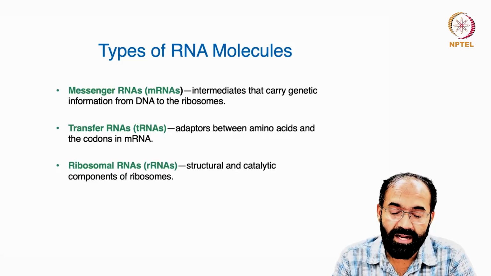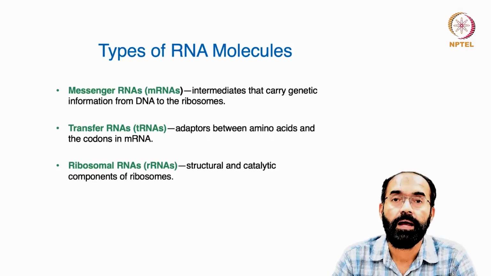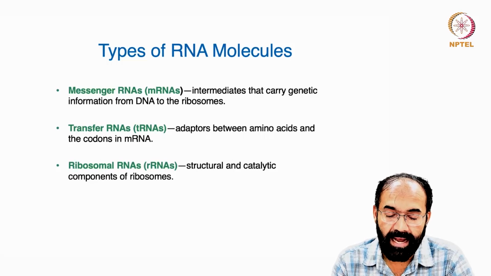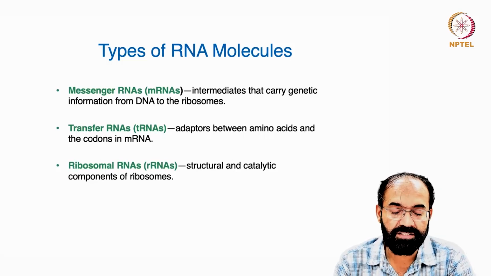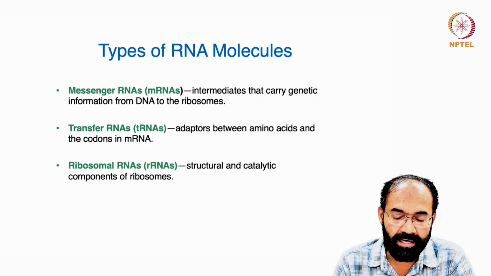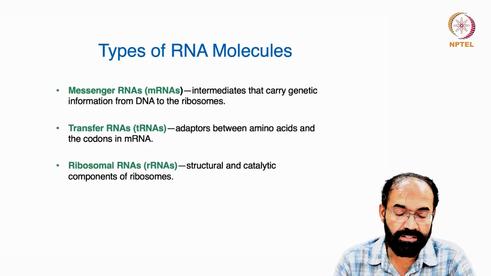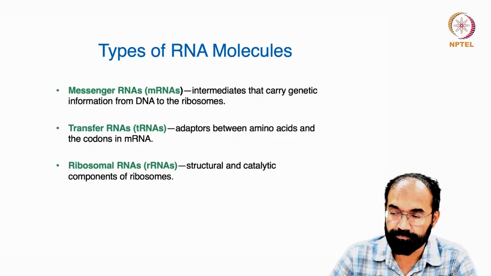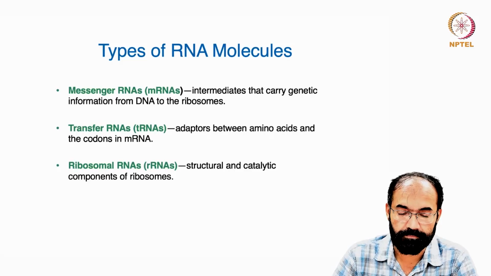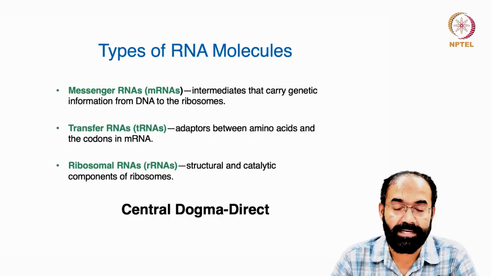So mRNAs are the intermediates that carry genetic information from the DNA to ribosomes. Transfer RNA or the tRNA, they act as the adapters between amino acids and codons of the mRNA. And then ribosomal RNA, they are basically structural and they also play catalytic components of the ribosomes. This is called central dogma direct.